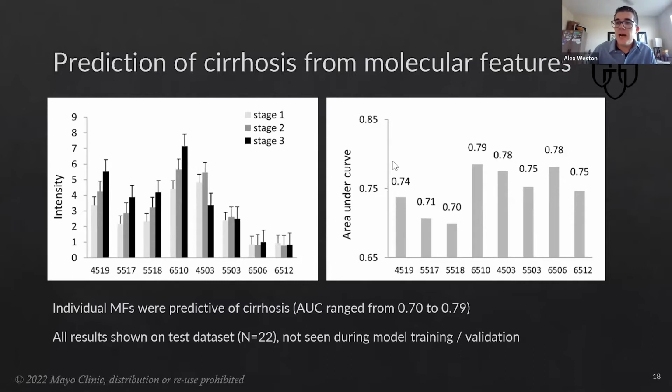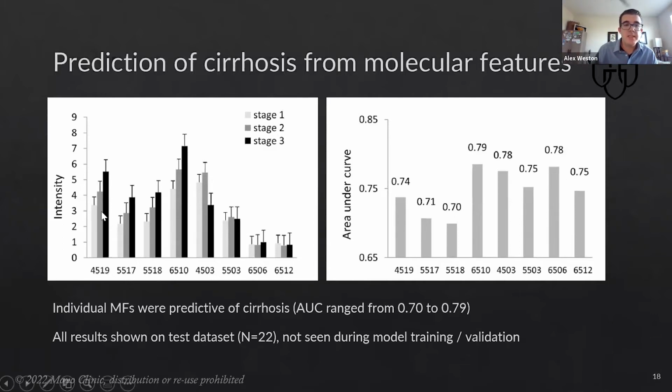And so I also want to mention, Jonathan Thomas was a statistical programmer in our group that did the bulk of the modeling on this. And so I want to be sure to credit him. And he's first author on this paper. But we essentially took the top 8 peaks that had the largest difference between our cirrhosis patients and our healthy controls.